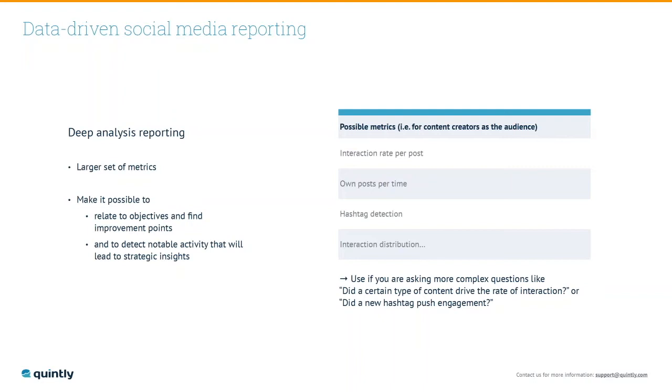If you have a hashtag campaign, you can use the hashtag detection metric. There is also an interaction distribution metric. All of these metrics I will show you in just a minute, and there will be some graphs as well. This is the next step, the real deep analysis of reporting.